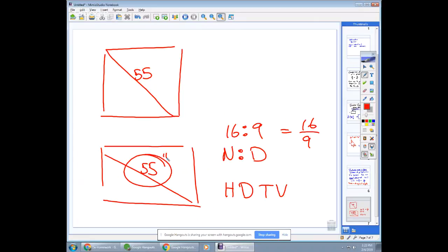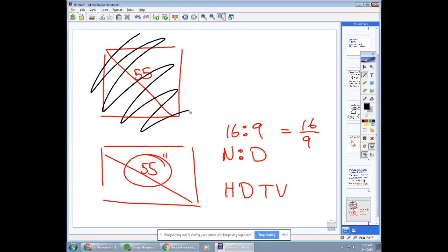Given that we have an HD TV, it's probably this bottom shape and not that shape, because that's more square-like. It's definitely not 16 to 9. And this shape right here isn't quite 16 to 9 either. That looks more like 4 to 3 maybe. But there are lots of different aspect ratios out there.